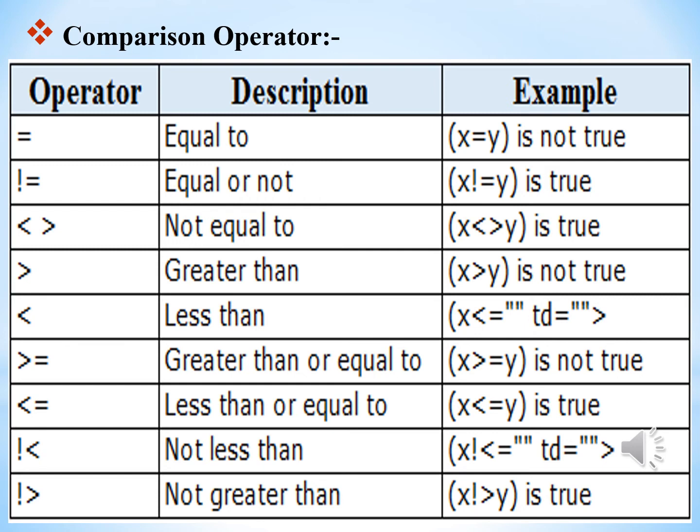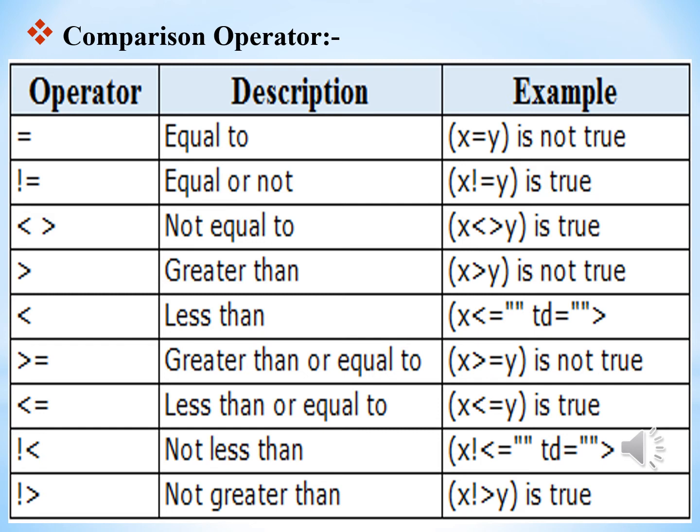Then less than. It checks whether the left operand is less than the right; if so, the condition becomes true. So x is less than y is not true. Then greater than or equal to. It checks whether the left operand is greater than or equal to the right operand or not; if so, the condition becomes true.